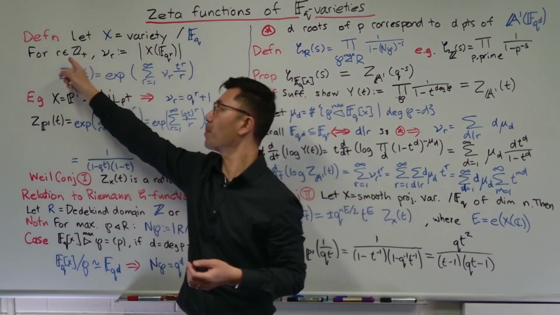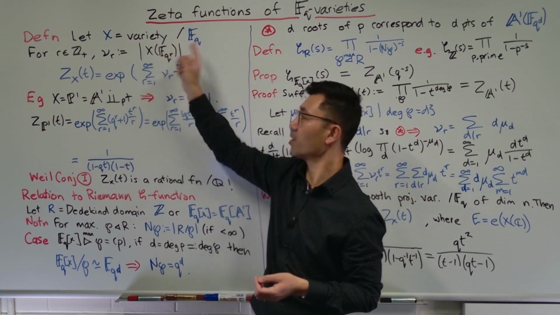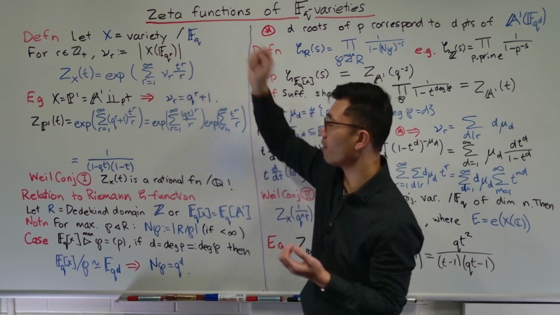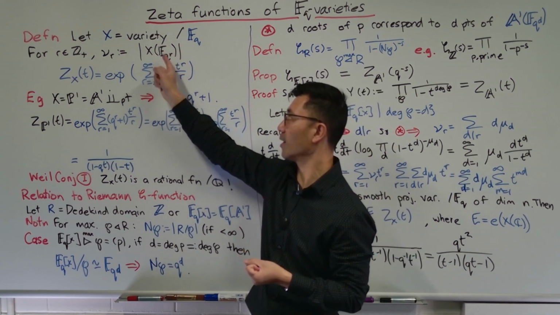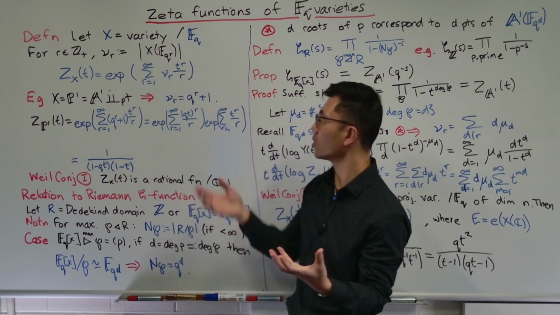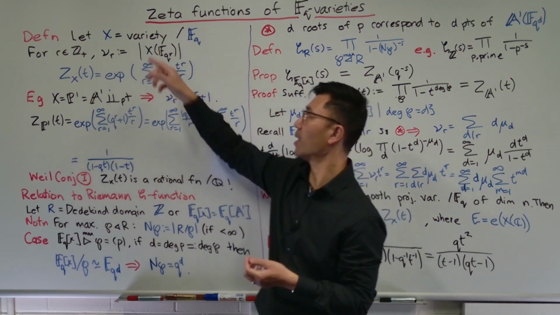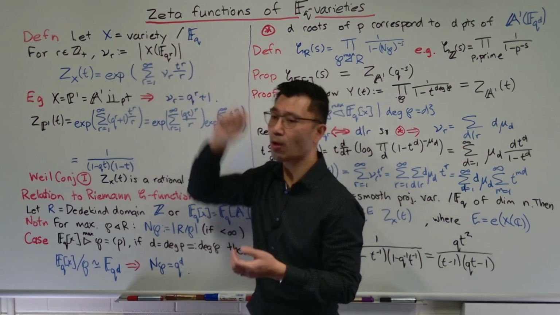So in particular, if you pick any r which is a positive integer, you can look at the field F_q^r, which is a field extension of F_q, and you can look at the F_{q^r} points of X. In other words, you solve those polynomial equations which have coefficients in F_q, but you solve them in this field here. And you can count the number of these solutions.